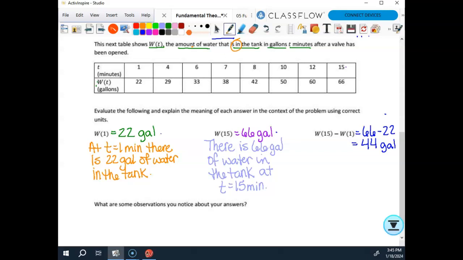So I can say something to the effect of from t equals 1 minute to t equals 15 minutes, 44 gallons of water was added to the tank.